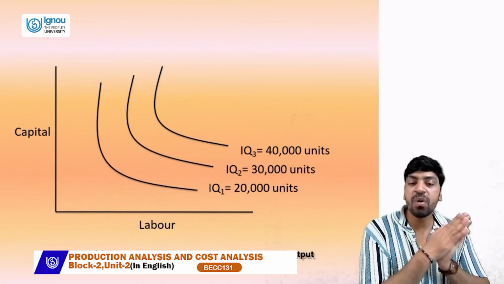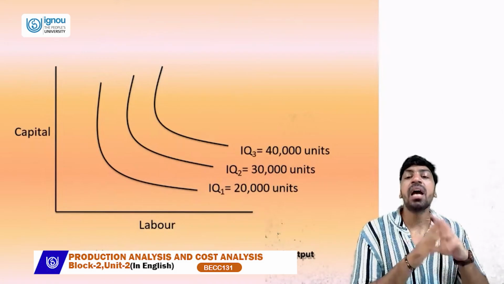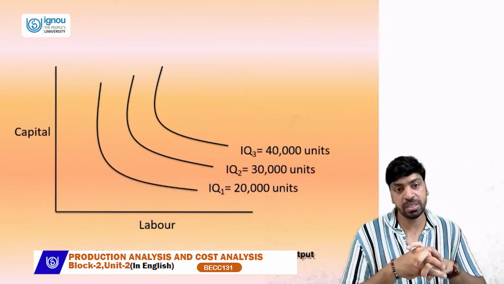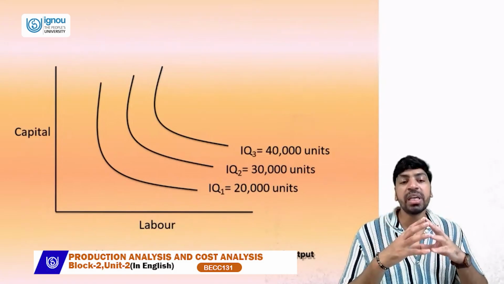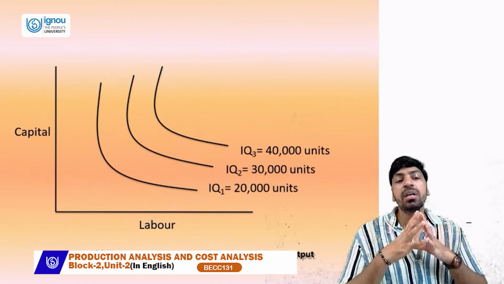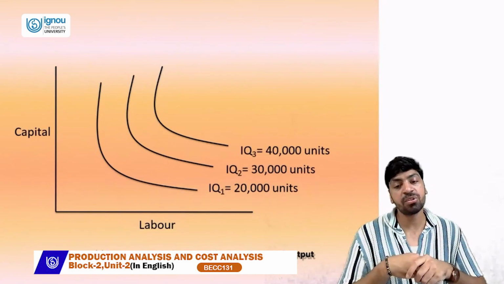Isoquant 1 yields 20,000, isoquant 2 yields 30,000, and isoquant 3 yields 40,000 units. So this is one shape, which is called convex to the origin, one of the features of the isoquant curves.